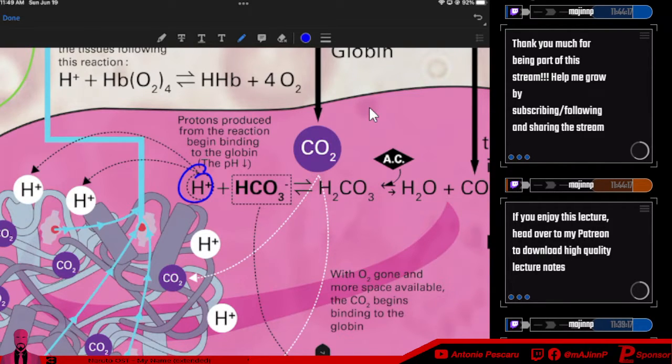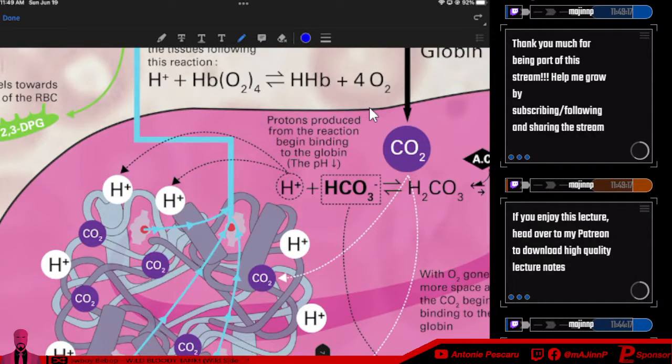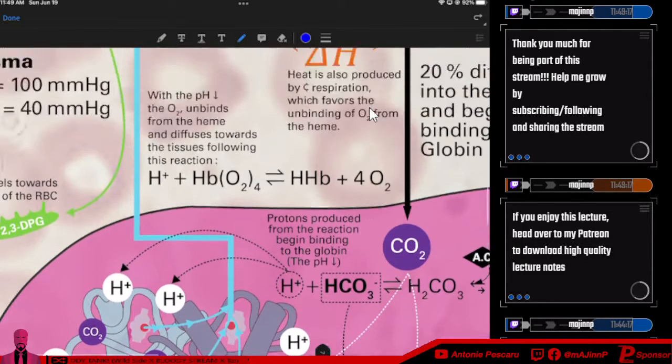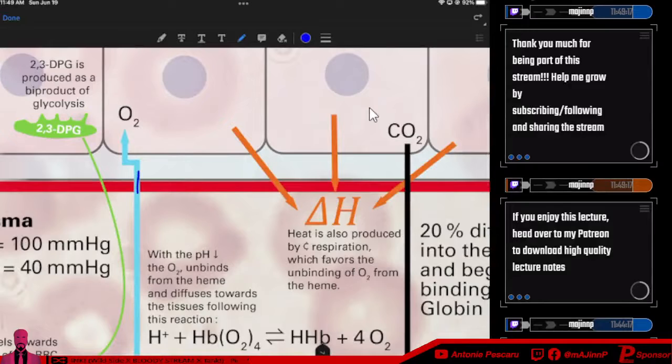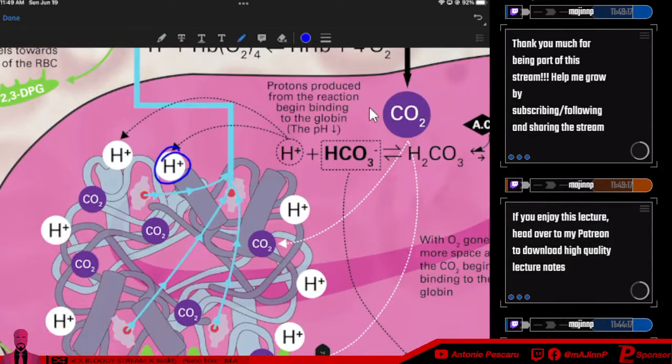And this is where the interesting and fun part is: if you start producing a lot of these protons, the pH lowers, making it a more acidic state. And this highly contributes to the O2 beginning to unbind, because the O2 does not like an acidic state. It starts unbinding and going into the tissues because these proton ions begin latching on to the globin group.